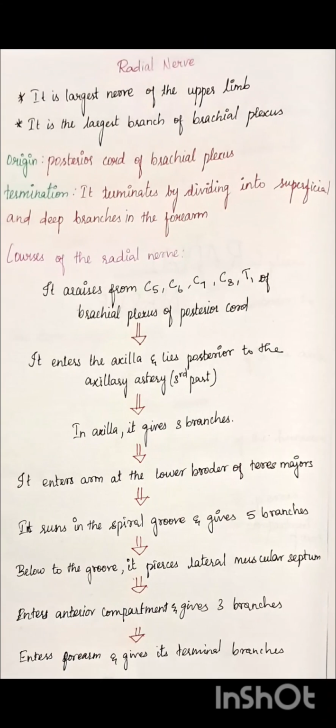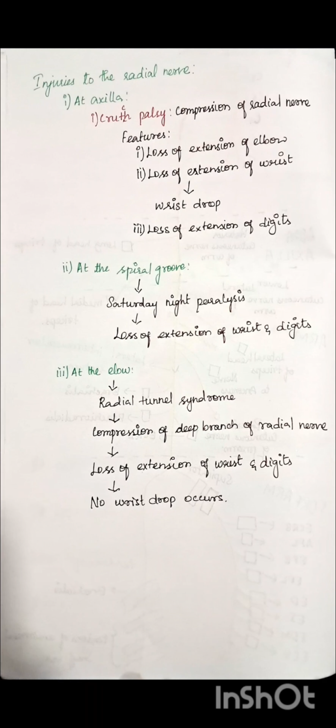So coming to the clinical significance of the radial nerve, as we know, this radial nerve passes through the axilla, passes through the spiral groove, passes in the elbow joint. So when the radial nerve is injured at these specific regions, what are the clinical consequences?